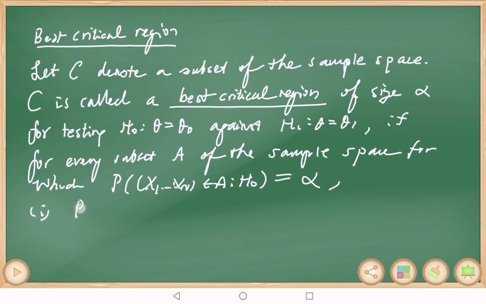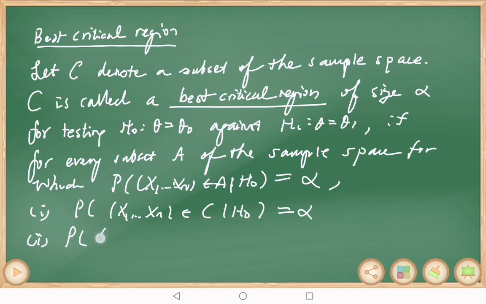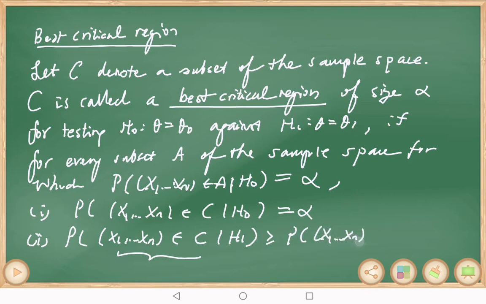Number two, the probability that we reject the null hypothesis under the alternative, given the critical region C, is greater than or equal to the probability of rejecting the null hypothesis under the alternative, given the critical region A. So basically, we can have two different critical regions, A and C, and both of them have the same size alpha.